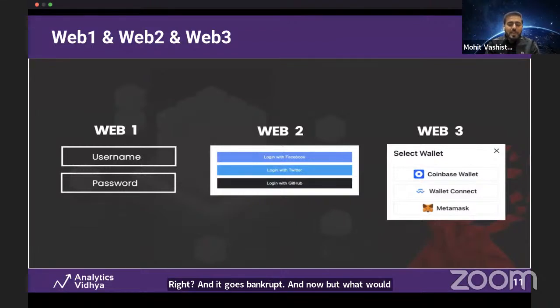If your funds are in a non-custodial environment, it means nobody else is taking custody of your funds; you are the one responsible. You own your private key, you own your funds, and you can use them the way you want. This is the actual difference between web 1, web 2, and web 3.